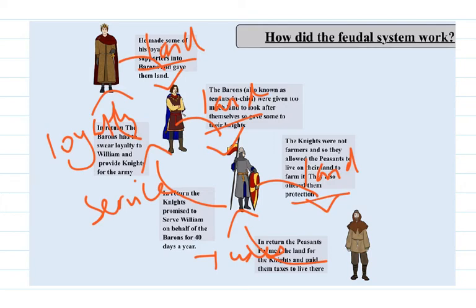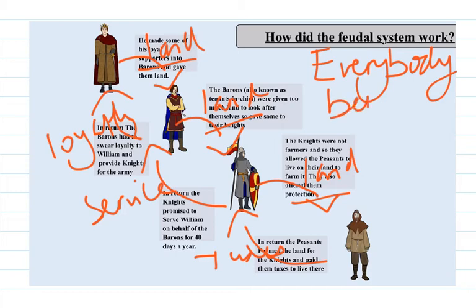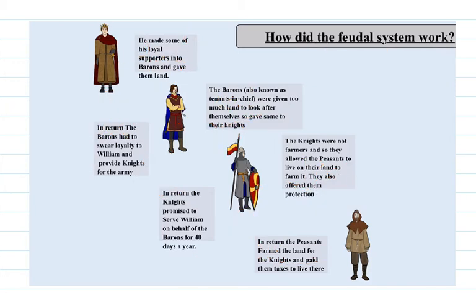Land trickles down. Taxes, service, and loyalty goes back up. Everybody benefits in one way or another. Obviously, William and the barons benefit more from the situation, but everyone does get something out of it.